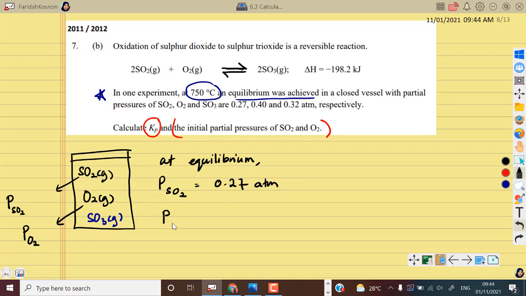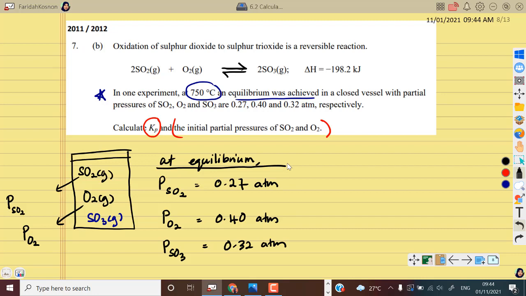The partial pressure of oxygen gas is 0.40 atm and the partial pressure of the product, which is sulfur trioxide, is 0.32 atm. Ini adalah partial pressure at equilibrium bila sistem telah mencapai keseimbangan.